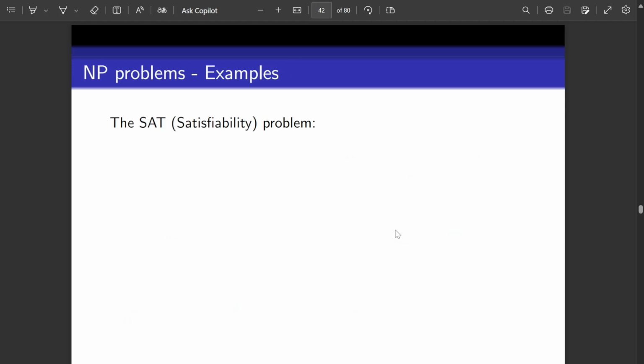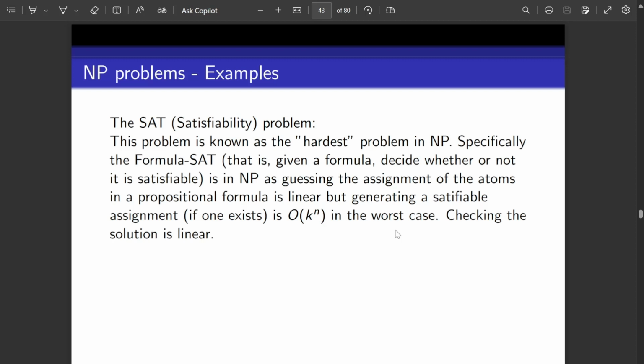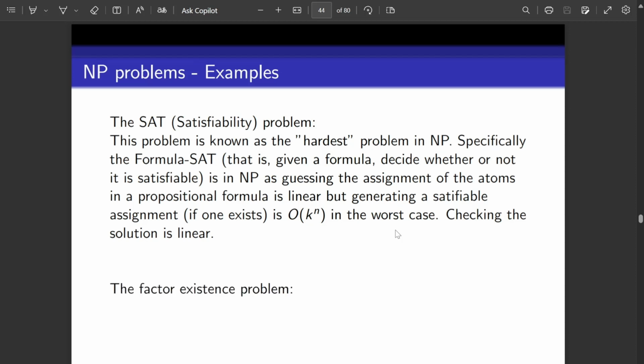So a few examples of problems in NP are like the satisfiability problem. Specifically the formula SAT, which is, given a propositional formula, decide whether or not it's satisfiable. Guessing an assignment of the atoms in a propositional formula is linear, but generating specifically a satisfiable assignment, if one exists, can be O of k to the n in the worst case, but checking the solution is always going to be linear.